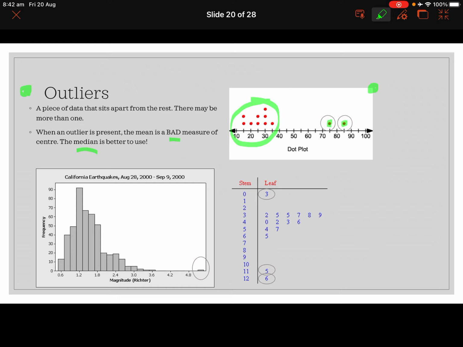But if we were to try to find the measure of centre that we've looked at, I wouldn't be looking at the mean, because when you add these two numbers in, it's going to really throw off the mean when you really want to just focus on the main information here. So it's better to look at the median, so the middle number, when it comes to this. So here we've got our histogram.